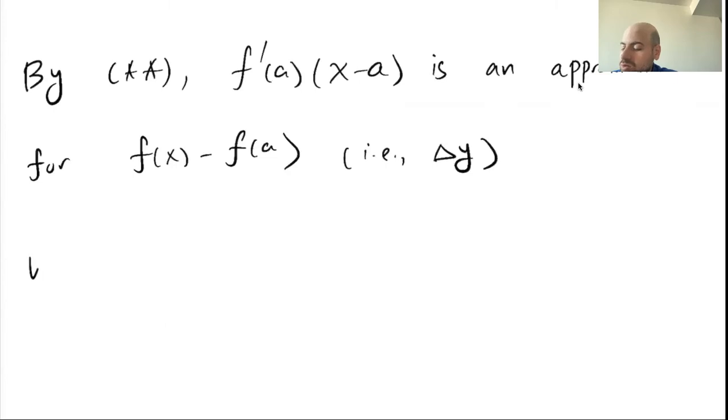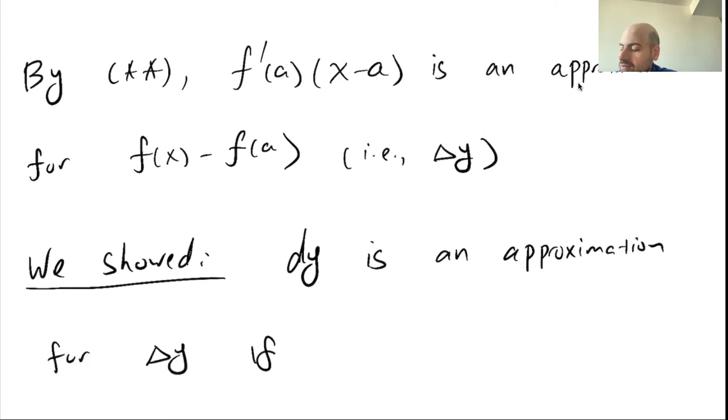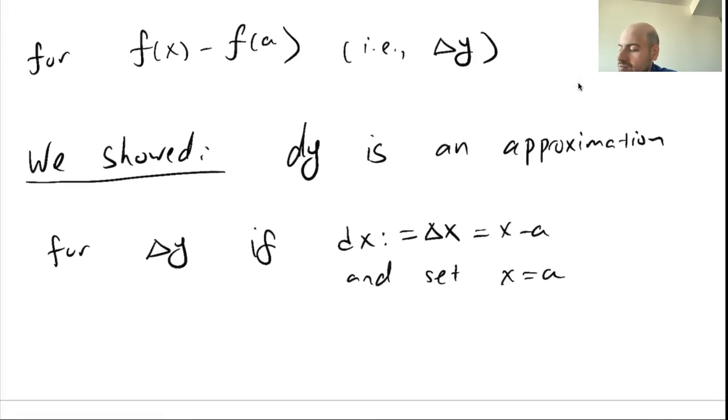So what did we show? What we were looking for was the connection between differentials and local linear approximation. So we showed that dy, the differential, is an approximation for delta y if you set dx to be delta x and set x equals a to evaluate dy.